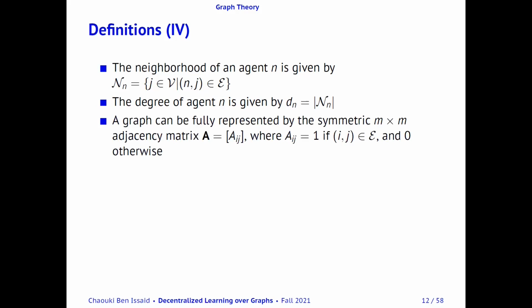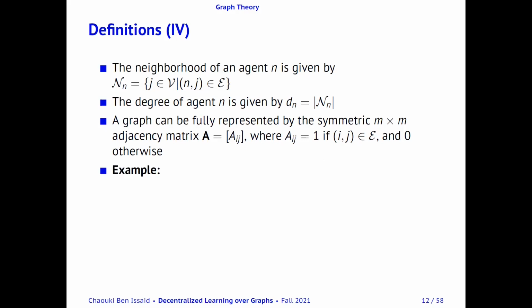Note that a graph can be fully represented mathematically by its adjacency matrix A. Each element Aij is equal to 1 if the pair (i, j) belongs to the set of edges and 0 otherwise.